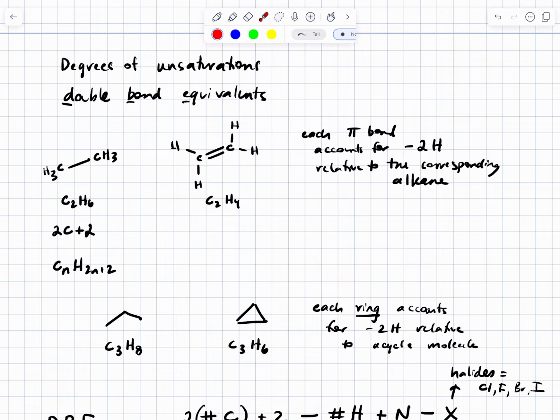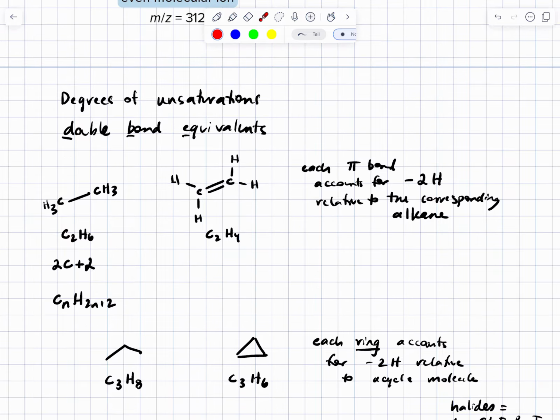One of the most useful things you can do if you have a molecular formula is calculate how many pi bonds or rings that molecule has to have. That allows you to narrow down the possibilities pretty quickly, and it allows you to more efficiently draw guesses for what the structure is that's consistent with the molecular formula.